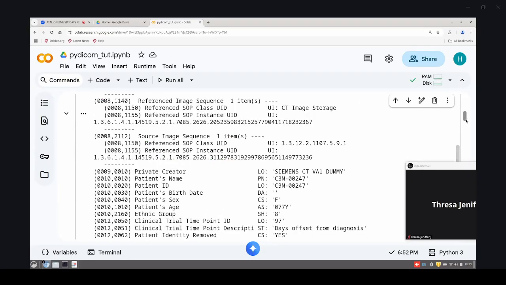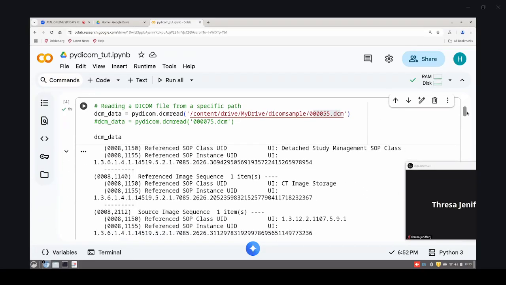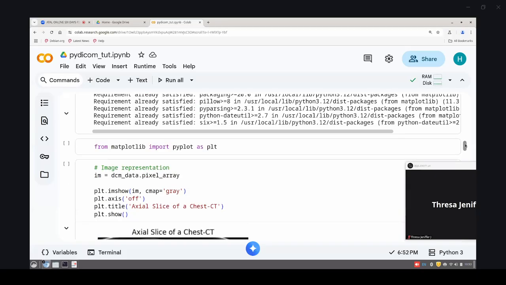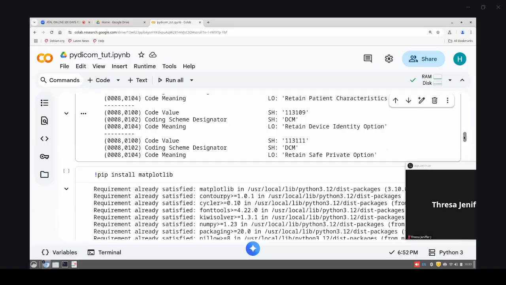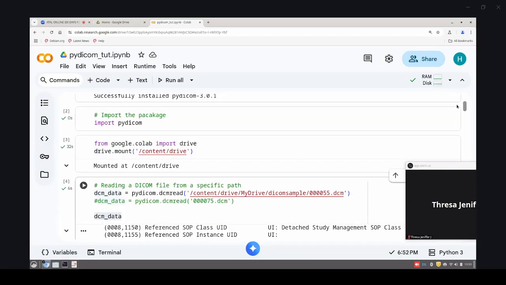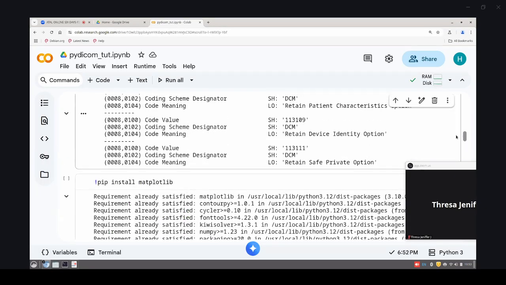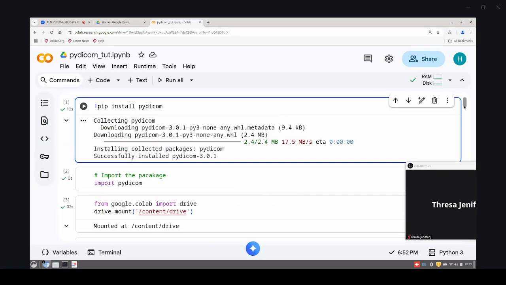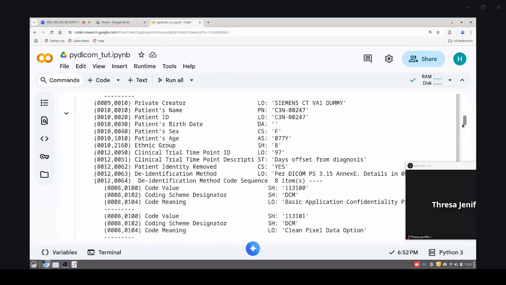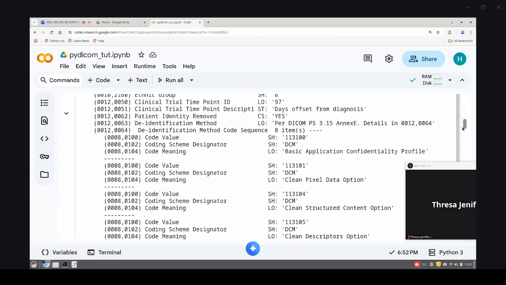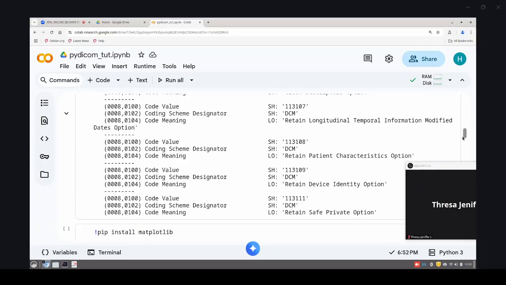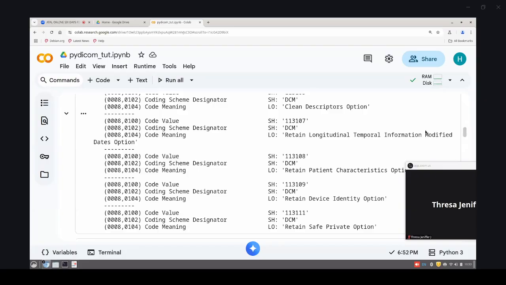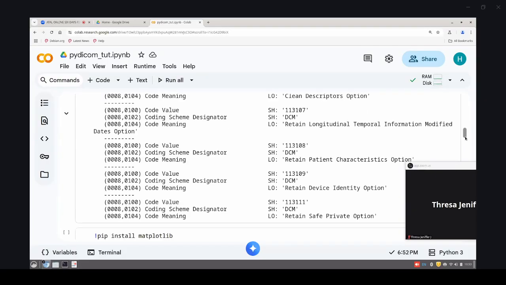All this information related to the image will be stored in this dcm_data variable in the form of tag-value pairs, and the actual image part will be in one of the tags, pixel array.